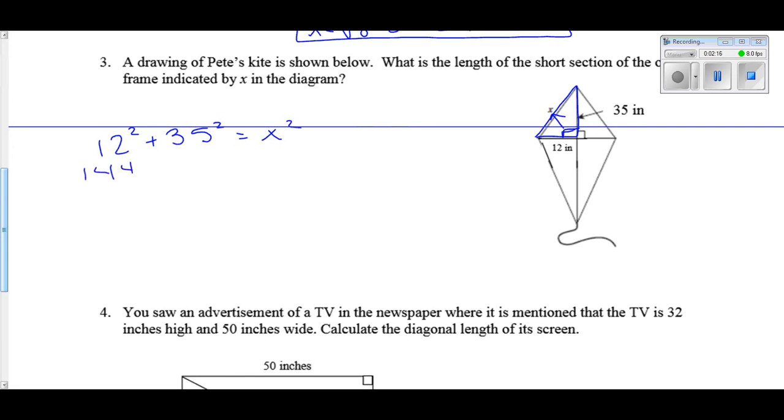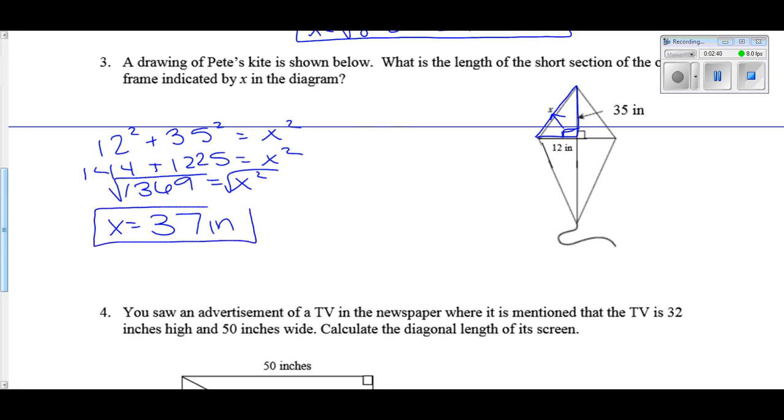So 144 plus 1,225 equals x squared. So I have 1,369 equals x squared. Take the square root of both sides, and we get x equals 37. And since we are dealing with an actual problem that has units, we know these are inches, so we need to include the inches. Need to include units.